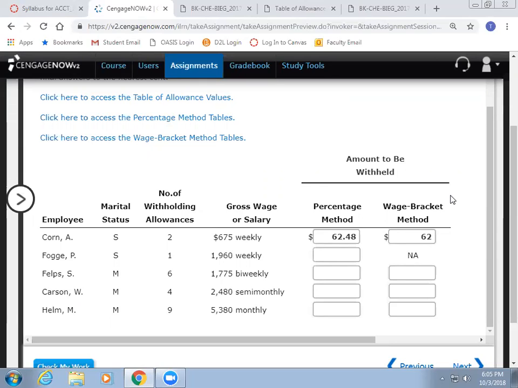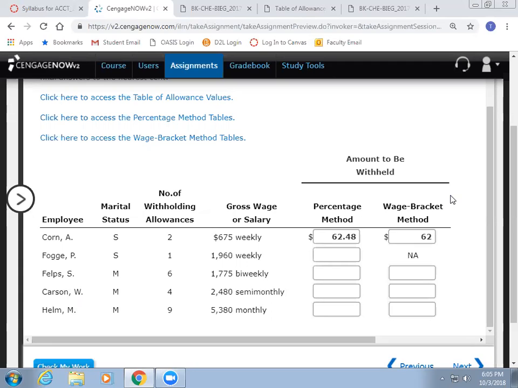So for PFOG, we start with a gross wage of $1,960. And again, we want to start with subtracting out any allowances that this person gets. This person is a weekly earner with 1 allowance. So that would just be $77.90 taken out of their pay.